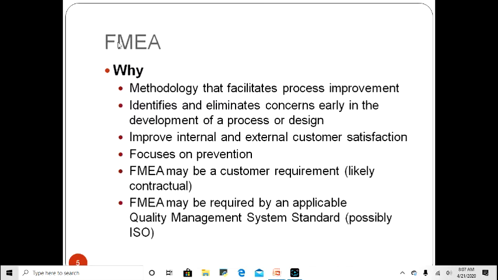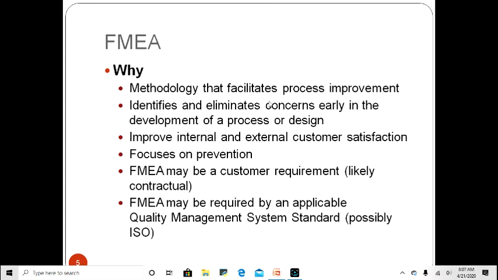And why FMEA? It is the most accepted tool for risk analysis. Widely it is applied in every organization, either in the pharmaceutical sector or in other sectors, right? So why you have to apply this: it has a methodology that facilitates process improvement, and identifies and eliminates concerns early in the development of a process or design.